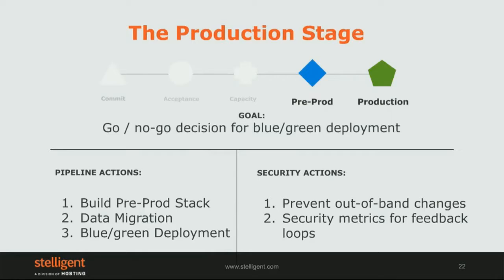So all the testing that we've done, particularly the testing that happens in the capacity stage, and a significant portion of that happens in the acceptance stage, isn't a one and done kind of testing, but it's testing that continues to operate and continues to evaluate the environment that we produced as it's swapped into production, so that we will get a red flag, we'll get warning as soon as an out-of-band change has been made that degrades our security.